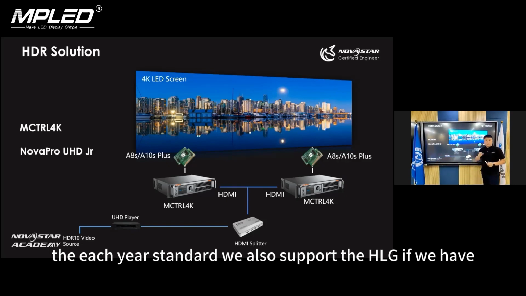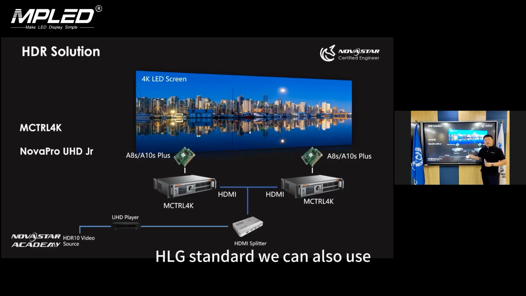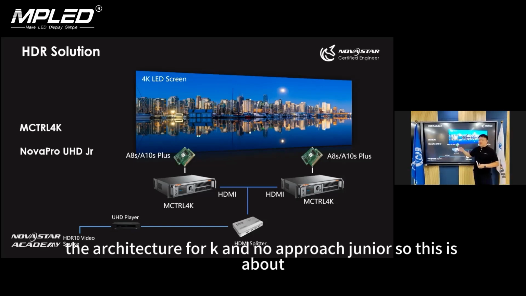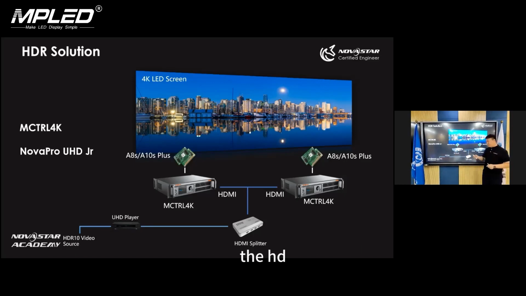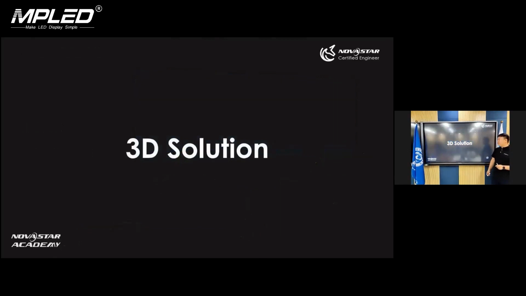We also support HLG. So if we have some other project where the source is from the HLG standard, we can also use the ARM-Control 4K and Nova Pro Junior. So this is about the HDR solution.